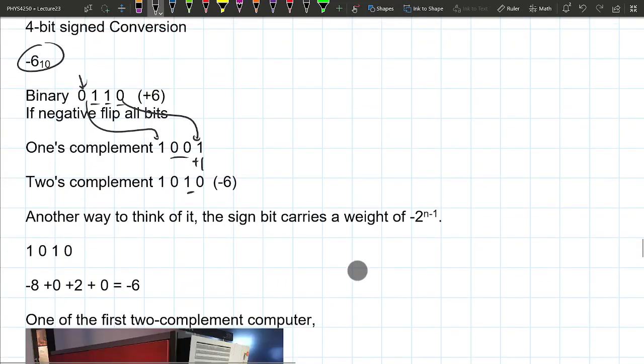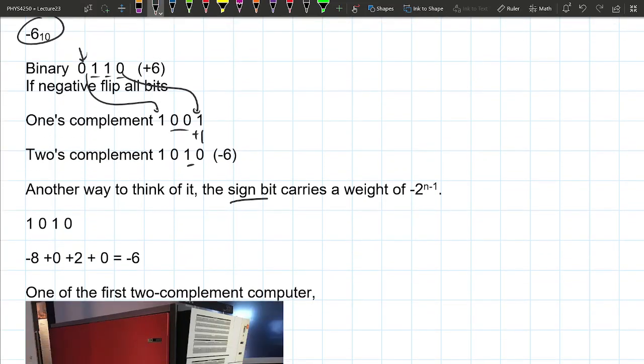Another way to think about it is to think about the sign bit as having a weight of negative 2 to the n. What the heck does that mean? Same number, negative 6. Instead of thinking about it as a sign, this place is equal to negative 8, because remember, the n here is 4, so 2 to the 4 minus 1 is 8.